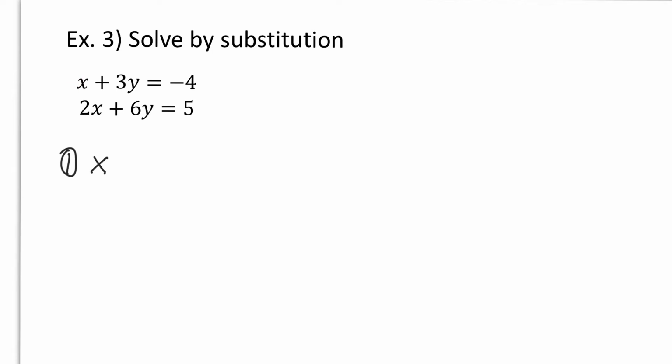I'm going to copy the equation here, x plus 3y equals -4, and solve for x. I'm going to subtract 3y from both sides, and I'm going to have x equals -3y minus 4. Okay, so I do have that variable.